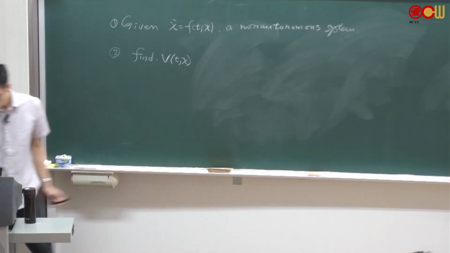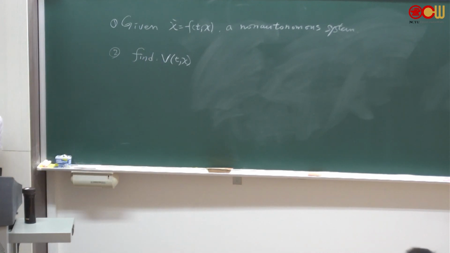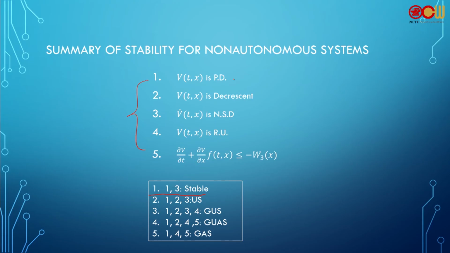If this V satisfies the first and third conditions, you can find a V that is PD and V dot is PSD.